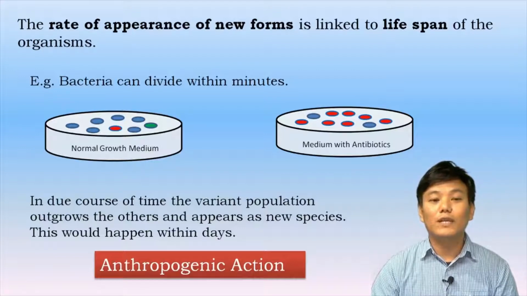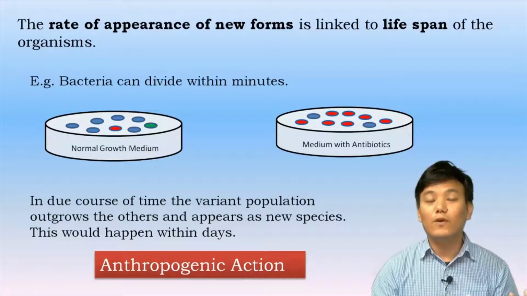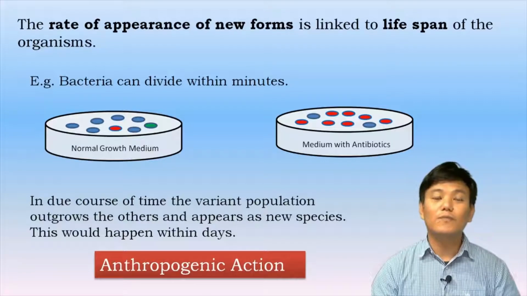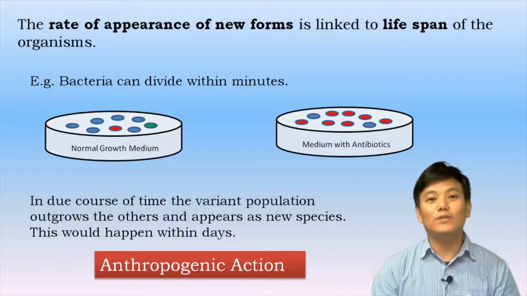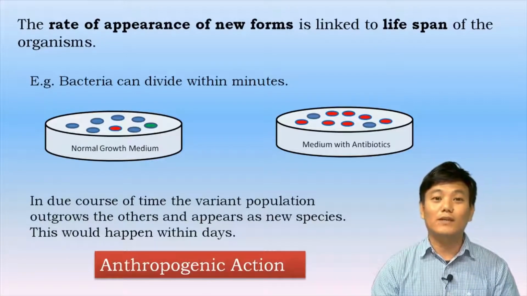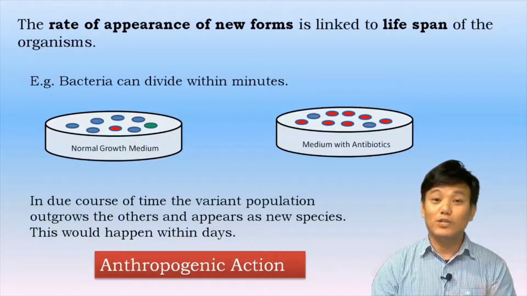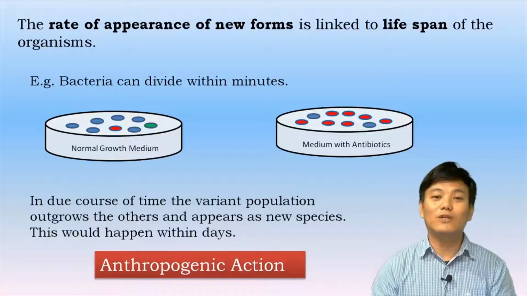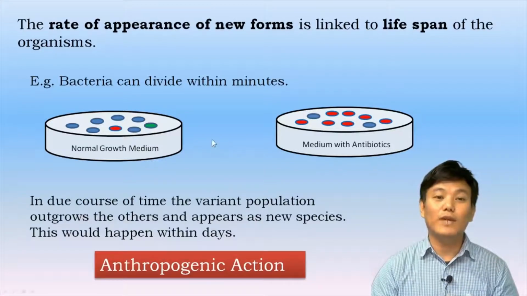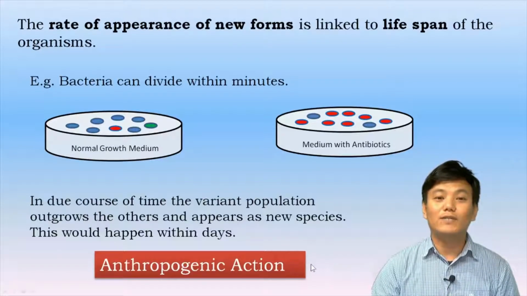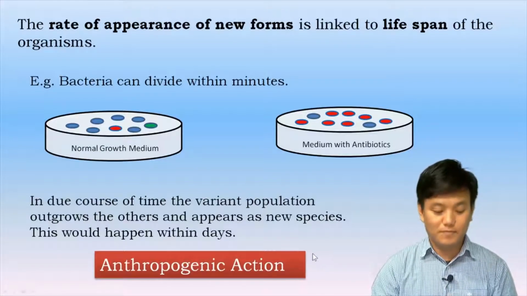Later on, they realized it was impossible to get rid of mosquitoes because DDT resistant mosquitoes arose. The new forms of mosquitoes have arisen due to natural selection, but that natural selection was triggered by anthropogenic action. We were the ones who added DDT to their environment, and those which were resistant to DDT got selected, right? So anthropogenic action is one of the mechanisms over here.